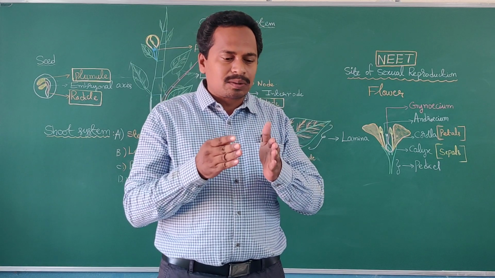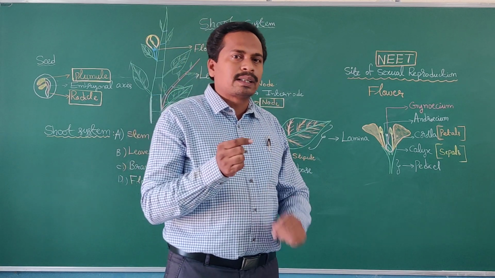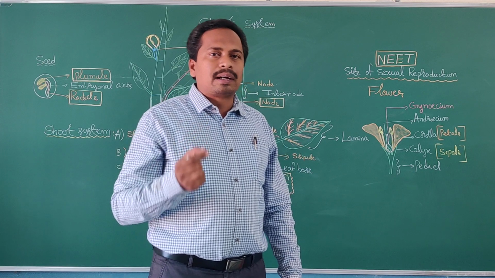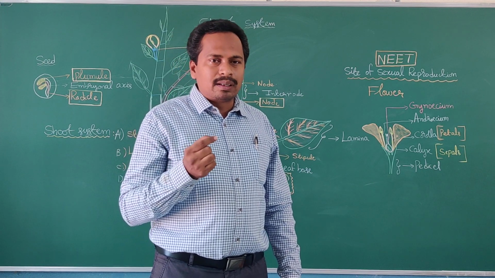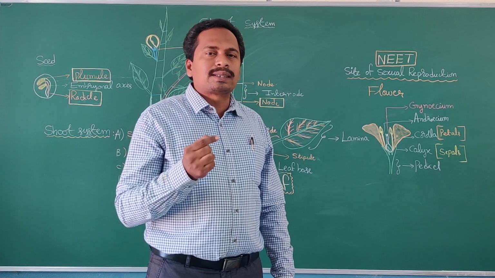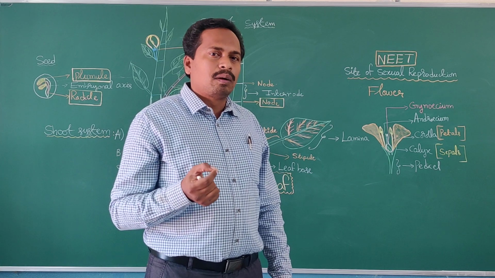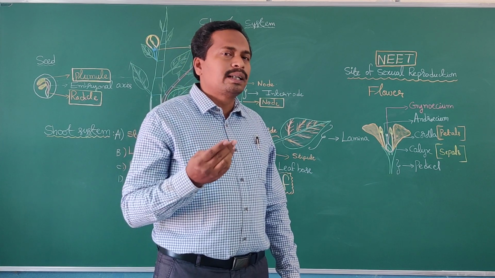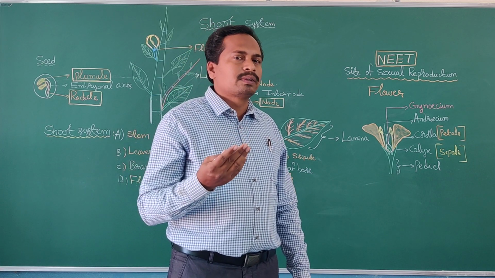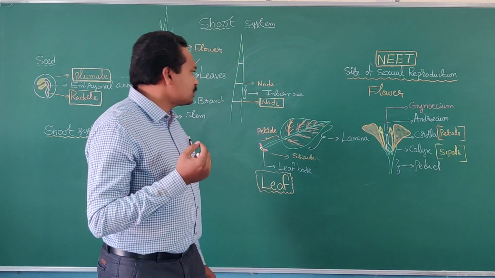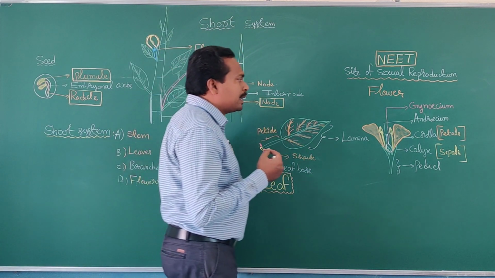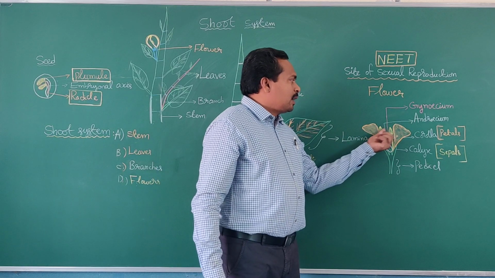In some hibiscus rosa-sinensis plants the petals appear red in color. In some species the petals appear yellow or orange in color. So that depends upon the type of plant. So the corolla appears in different colors.